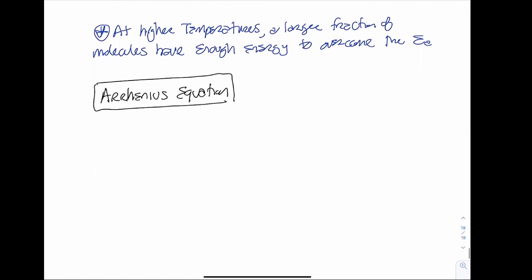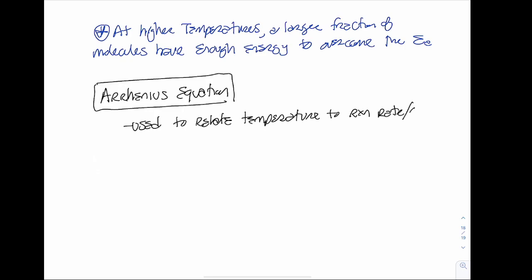This is used to relate temperature to reaction rates, more specifically, the rate constant. Remember, our rate constant is a lowercase k. We can also use it to solve for activation energy. That's going to be part of our equation also.